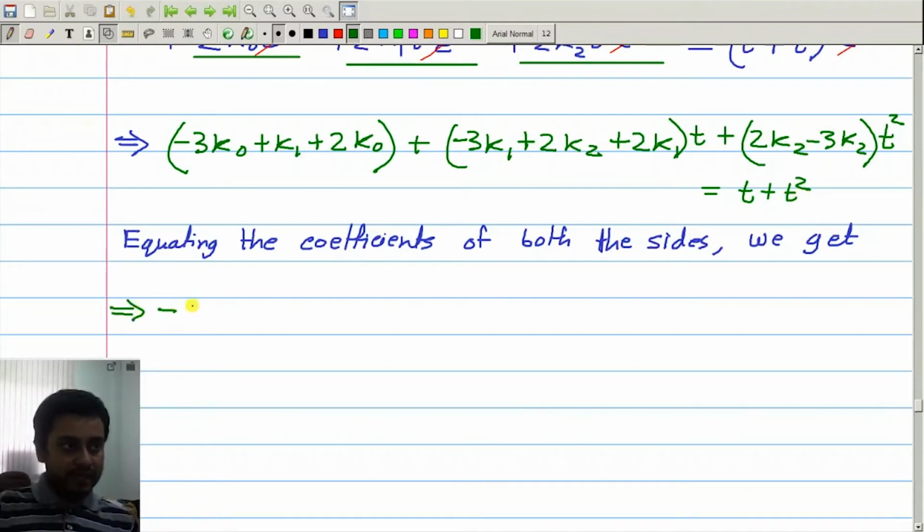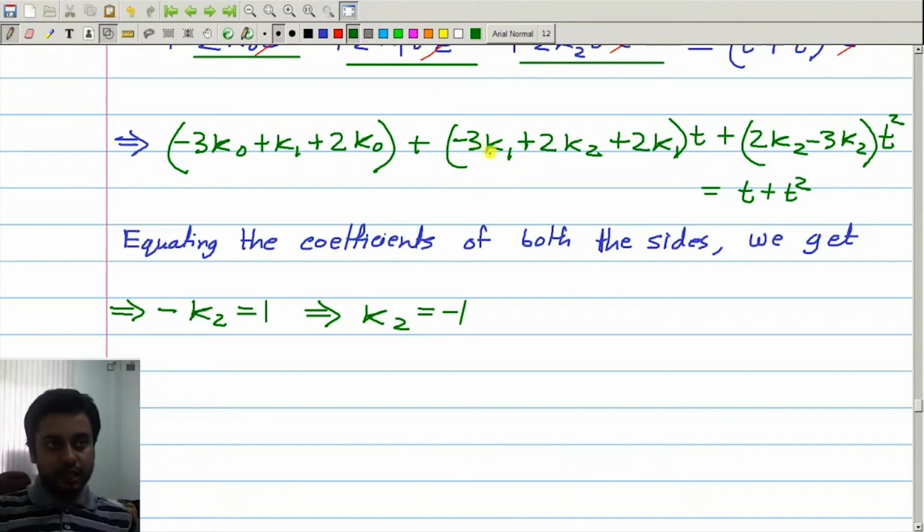So minus k2 is equal to 1, or k2 is equal to minus 1. Then here we have minus 3 plus 2, so minus k1 plus 2k2, that should be 1.